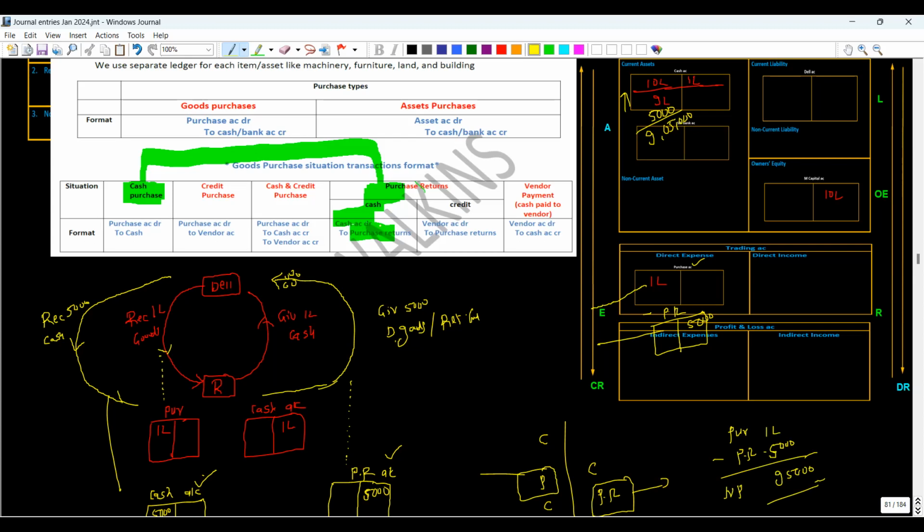And you already know why this cash account is going to get debited and the purchase return account is going to be credited as per the golden rules of accounting. Cash is what? Asset, real account, what comes in debit, and purchase return account. Can you say why the purchase return account is credited as per the golden rules? Any guess? Any idea? Tell me.